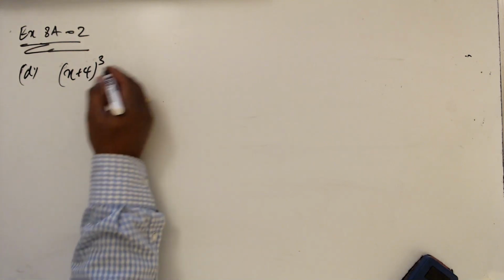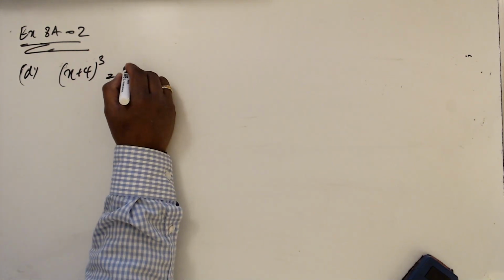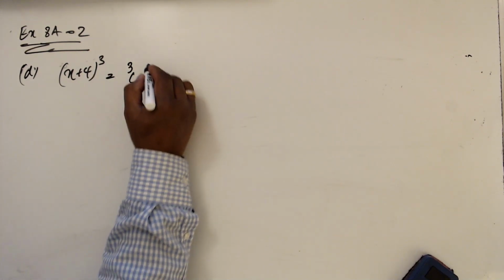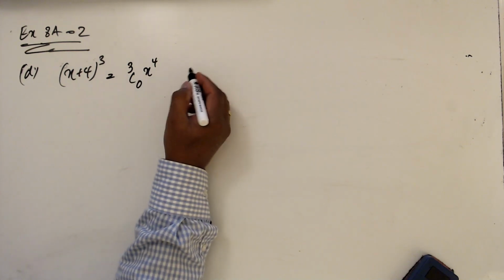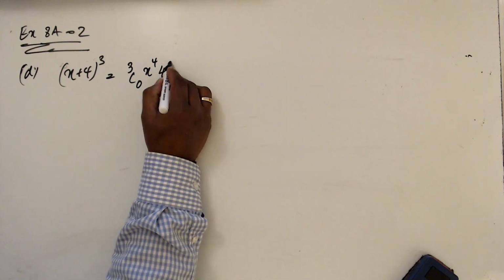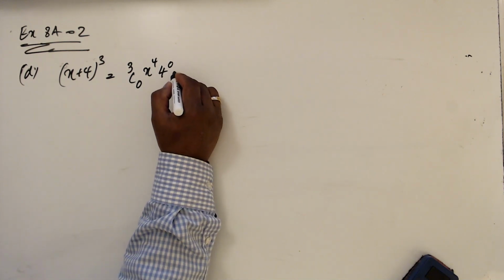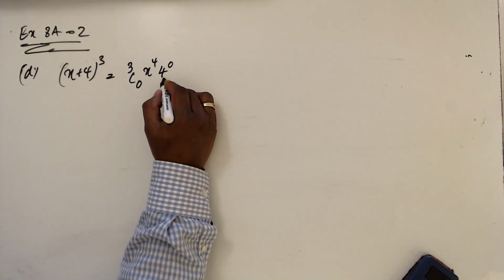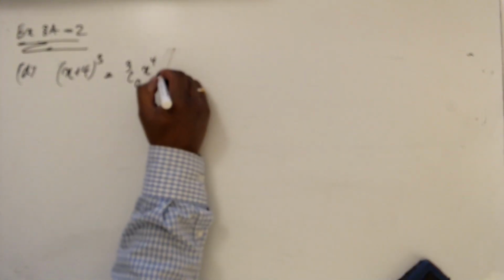Question D, this is going to be 3C0 x to the 3 times 4 to the 0, and 4 to the 0 is 1, so we will avoid that one.